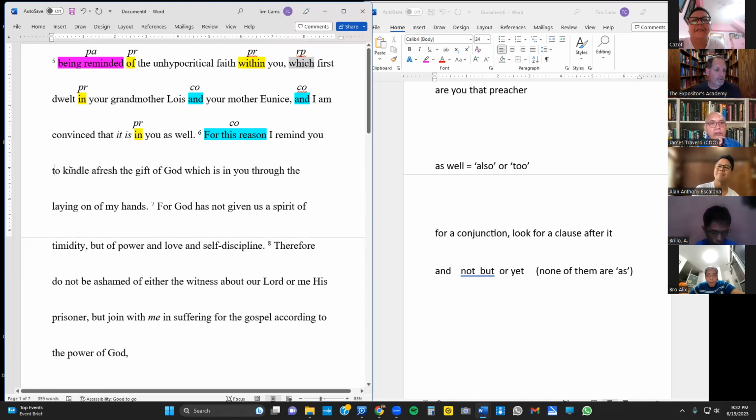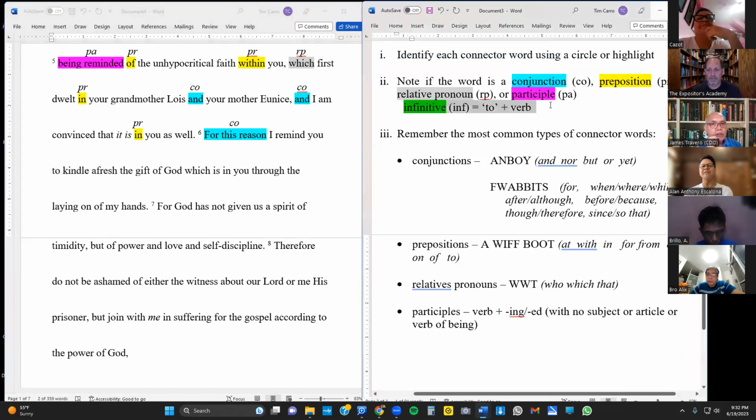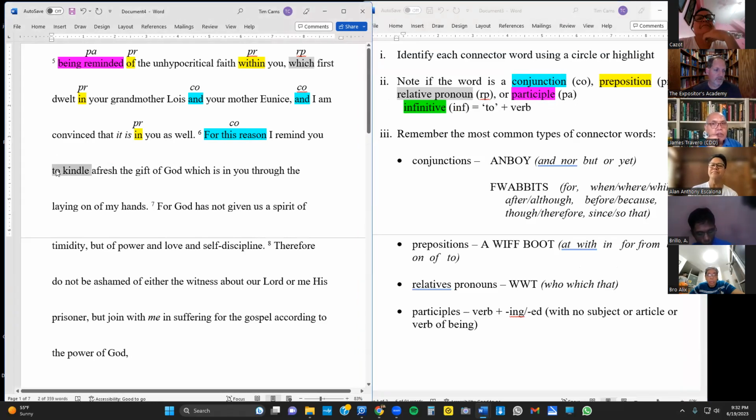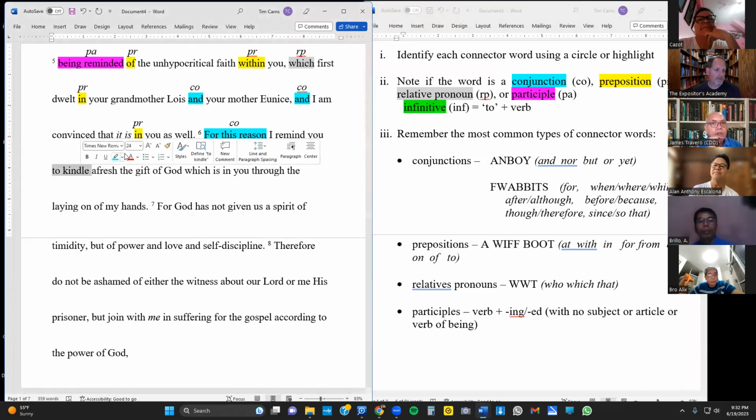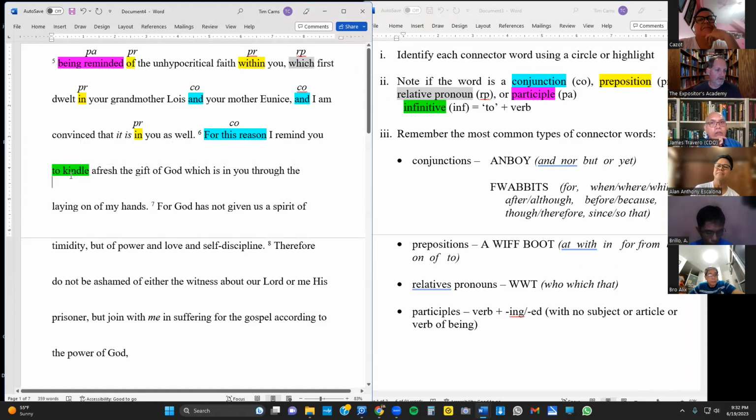So if it's to plus a verb, what is that again? Infinitive. So this is not a connector word, it's an infinitive, but we're going to highlight it in green just to note that. Maybe I'll put it up top. That'd be easier.